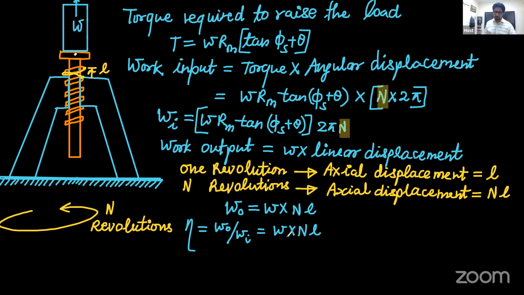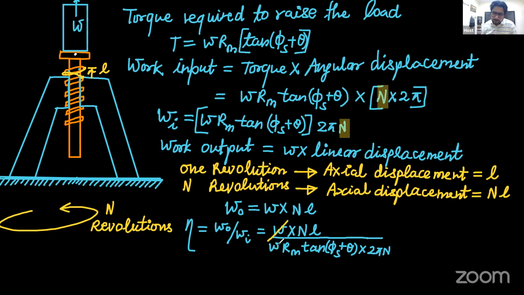And work input is W into Rm tan(phi s plus theta) into 2 pi N.